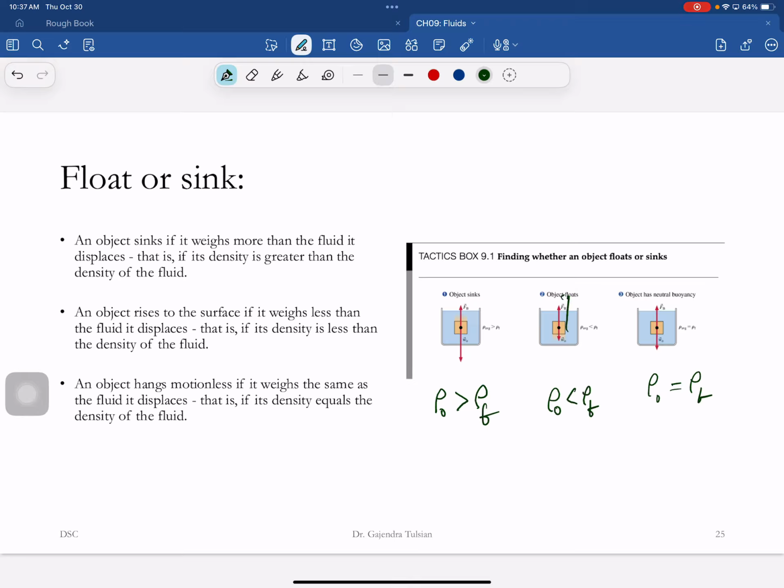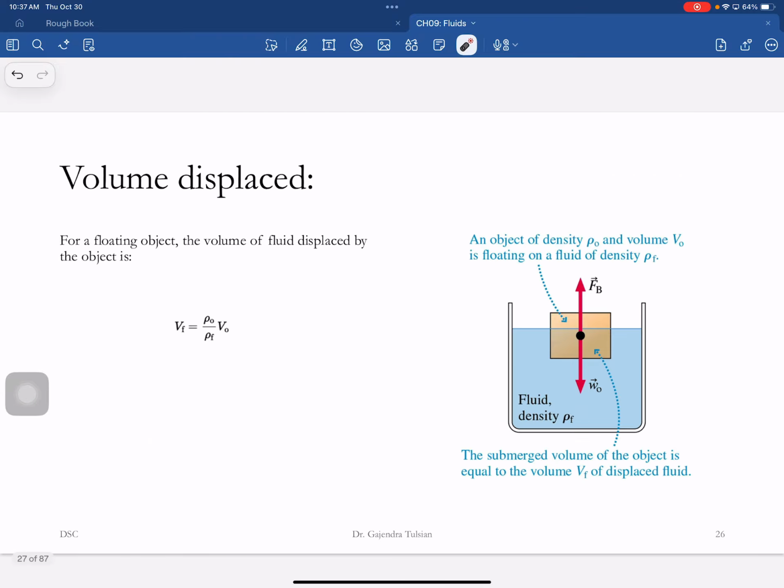It'll rise up. So it's the relative density that matters. If the object's density is greater than the density of the fluid, then it'll sink. If it's less, it'll rise up. And if it's equal, then it'll hover. So for an object to float, the object's density has to be less than the fluid density.